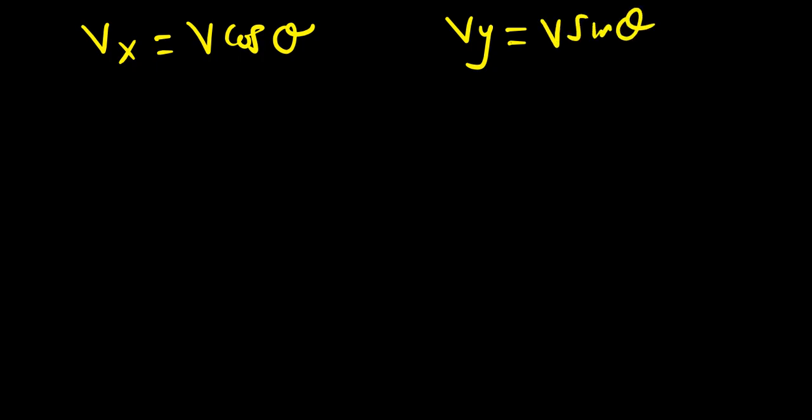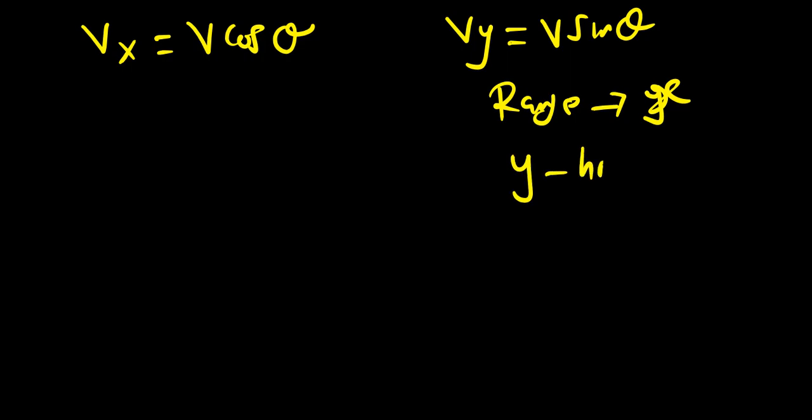Now, there's what is also called the range, like we've talked about. No, the range will be the distance in the x. Then the distance in the y will be called our height, like we've just seen in that diagram.